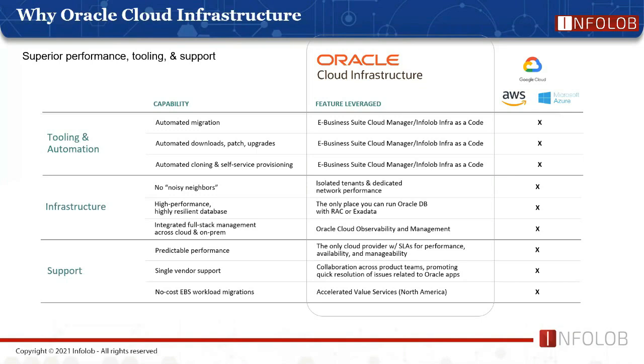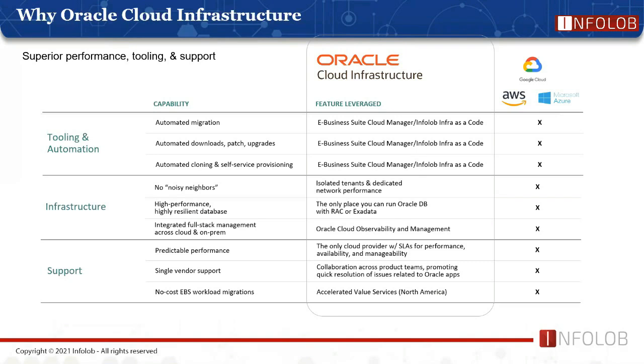But in the last 4 years, where I have done many E-Business Suite migrations, as well as most of the data center workload migrations to OCI, every customer comes to us and says they feel the performance of EBS running on OCI is far better than on-premise.